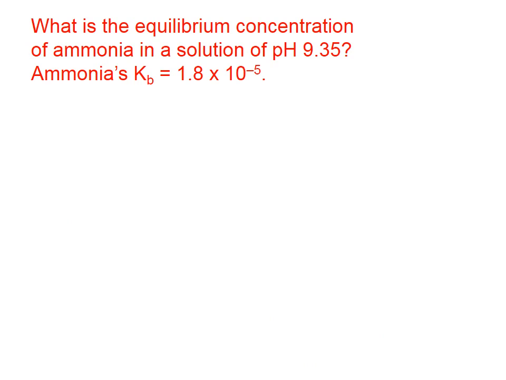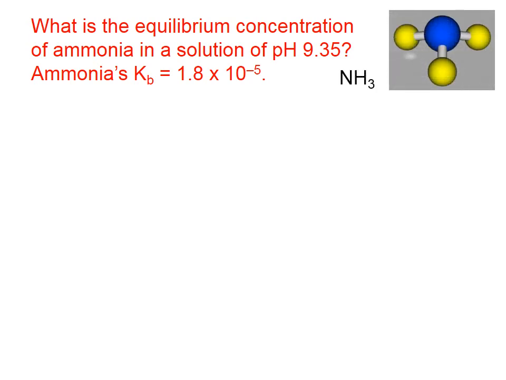So let's try a problem. What is the equilibrium concentration of ammonia in a solution of pH 9.35 if ammonia's Kb is 1.8 times 10 to the negative fifth? First, we need to know that ammonia's formula is NH3, and then we need to write the equation for ammonia acting as a weak base.